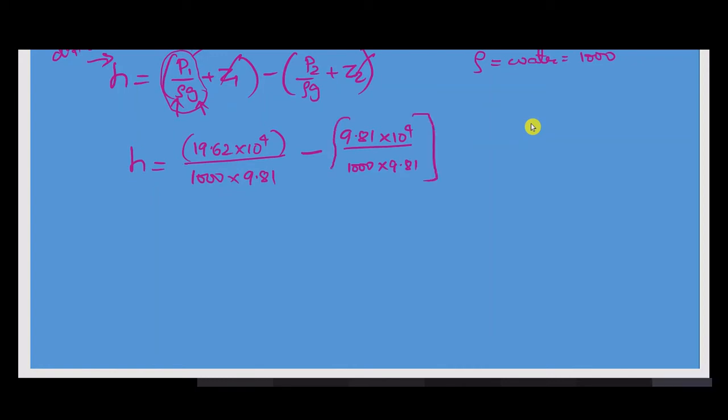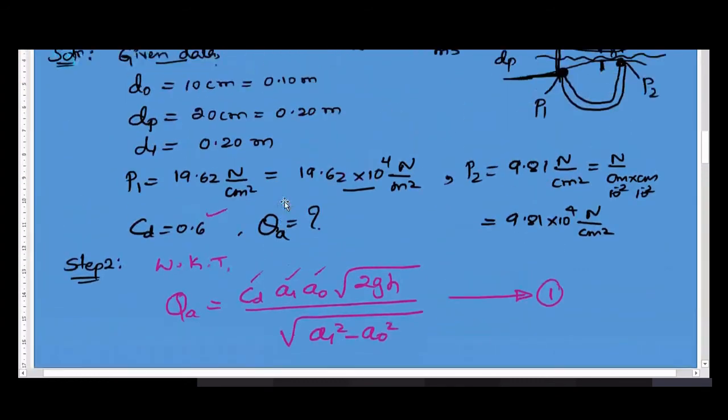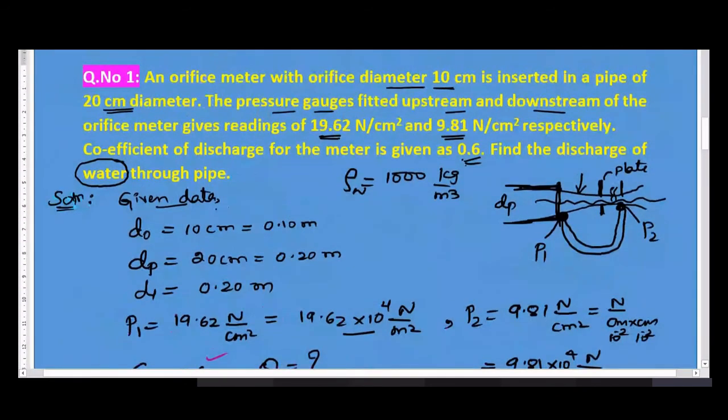And dear students, one hint I need to give here. Why have you taken P1 as 19.62? Because it is given. Why have you taken P1 by rho G value? Dear, that is called pressure head. In some of the numericals we solved in the previous video lectures, if he gave a pressure head value like 19.62, then the unit will be centimeter of mercury, centimeter of water, or meter of water.